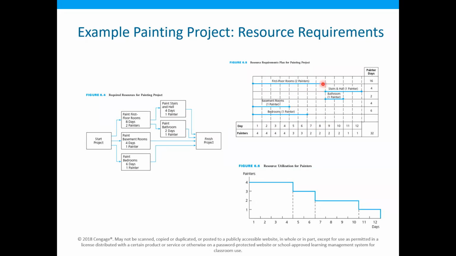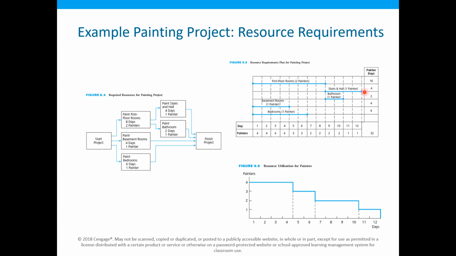And after 8 days, paint stair and hall will take the next 4 days. So 8 days plus 4 days is one path in this project. 8 plus 4 is 12.